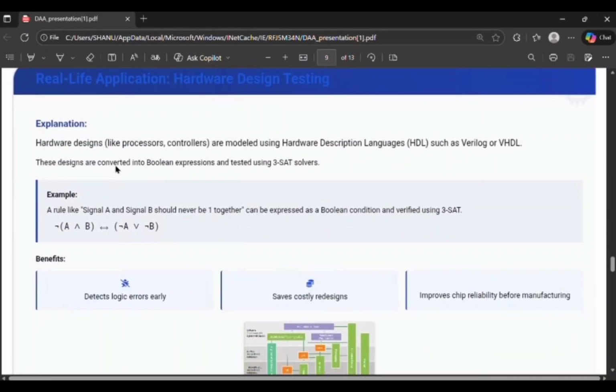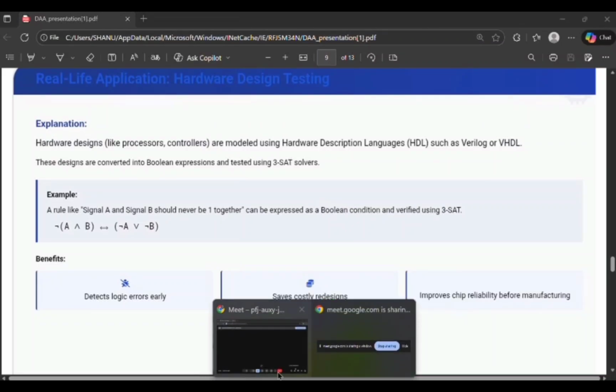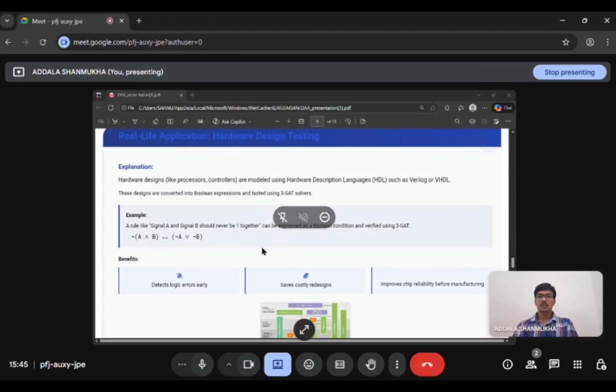Hardware design testing. Now we move from small circuits to full hardware designs like processors and controllers. These designs are written in hardware languages like Verilog or VHDL.